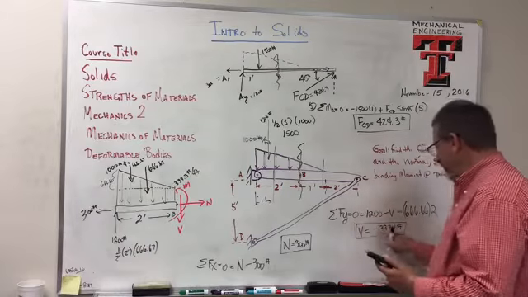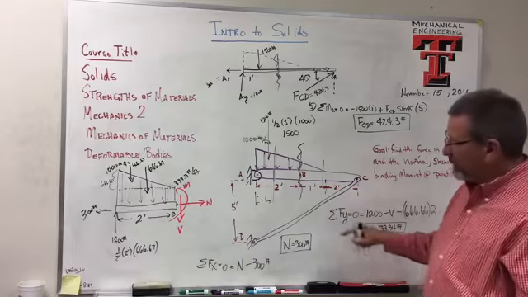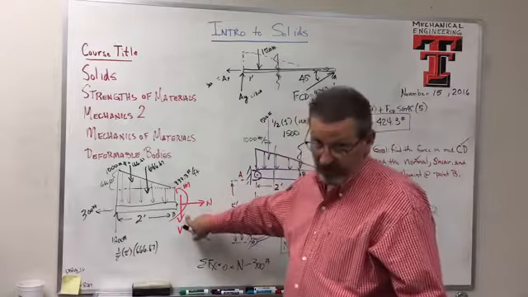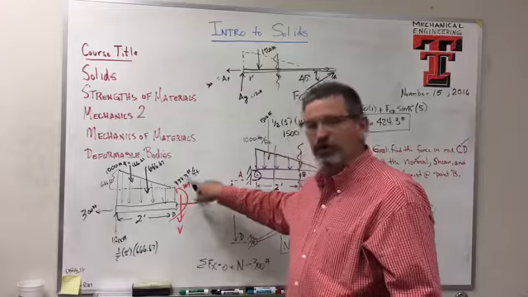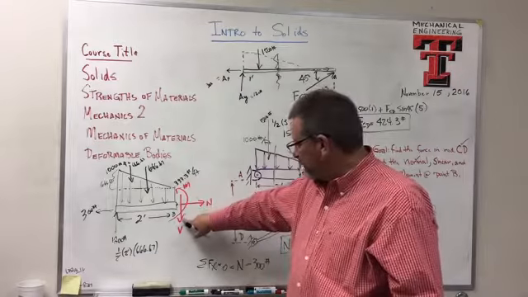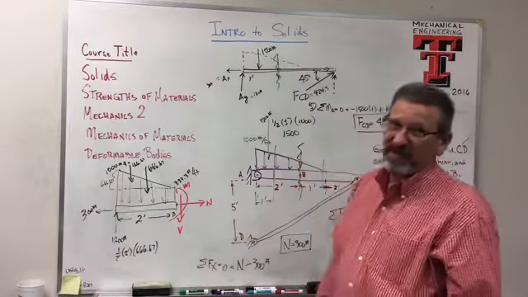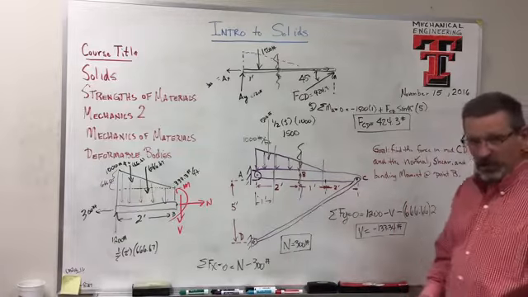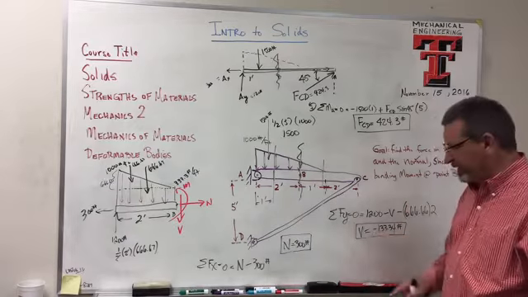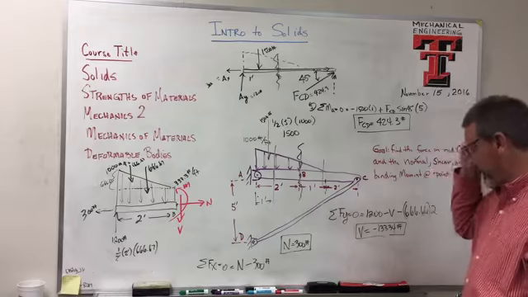Now, what does that negative tell me? Remember, I just drew this according to the positive sign convention. These are assumed directions. So we assumed V to be going down. Which way is V actually? V is actually going up, isn't it? That sign right there tells me that it's opposite of my free body diagram, okay?